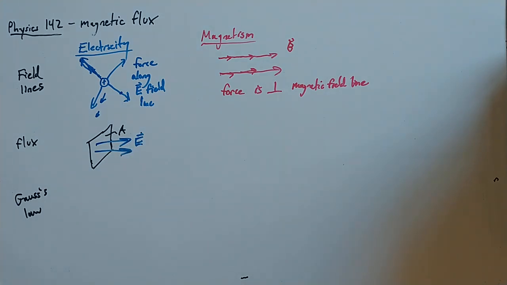One of the ways that we defined electric flux is we said it's just the number of field lines that go through that surface. If you have more field lines, that is, more electric field going through the surface, then you get more electric flux. So how does that look for magnetism?